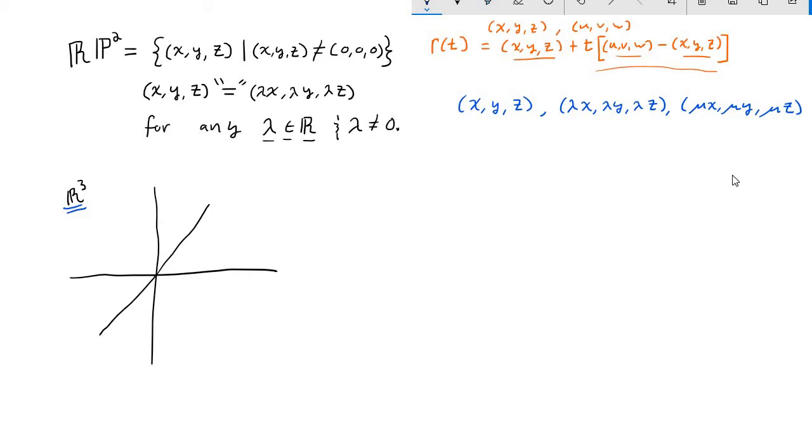If I wanted the straight line in R3 that passes through x, y, z and lambda x, lambda y, lambda z, that would be r(t) equal to x, y, z plus t times lambda x, lambda y, lambda z minus x, y, z, which gives the point lambda minus 1 times x, lambda minus 1 times y, lambda minus 1 times z.